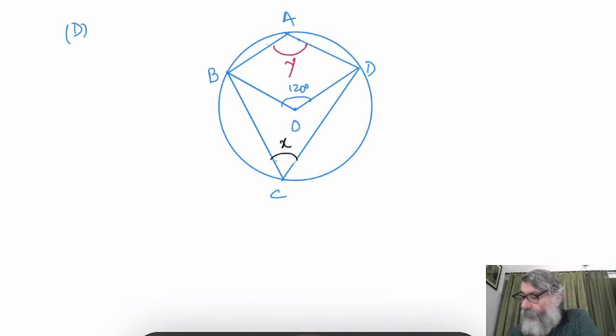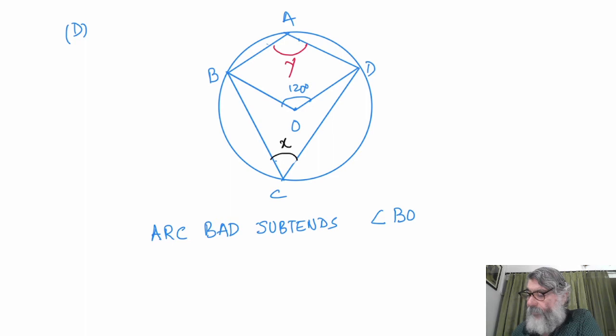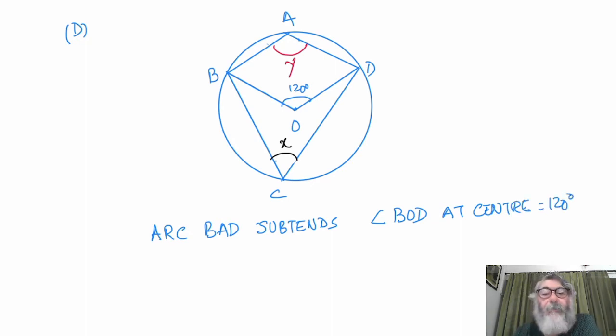So what am I going to say? Arc BAD subtends angle BOD at the center, and this is 120 degree.